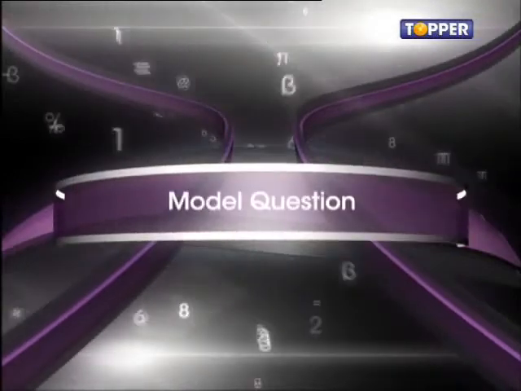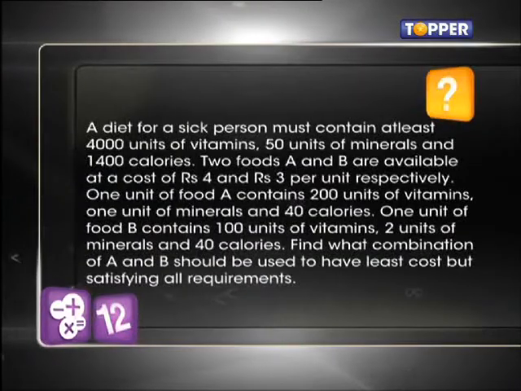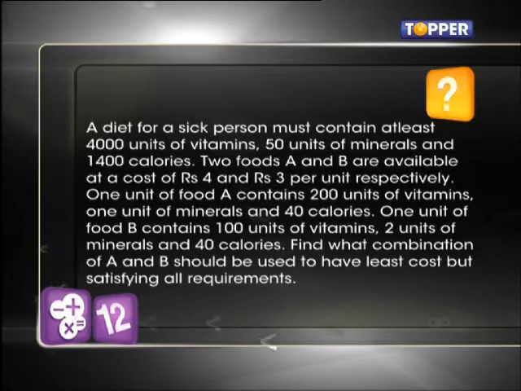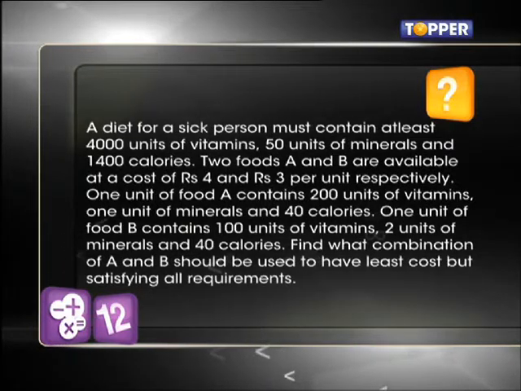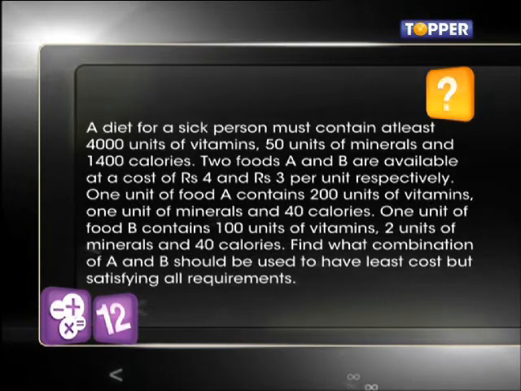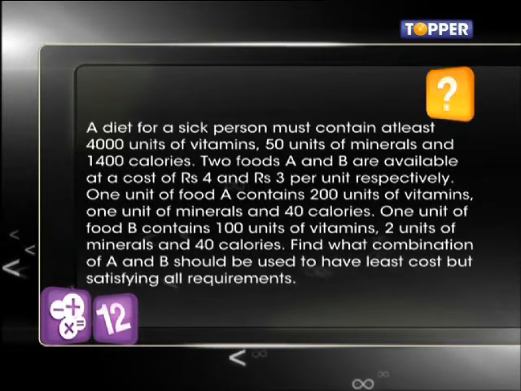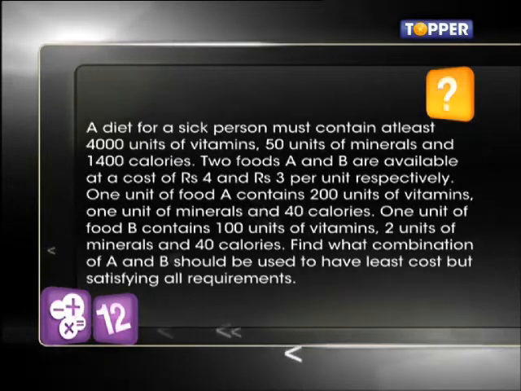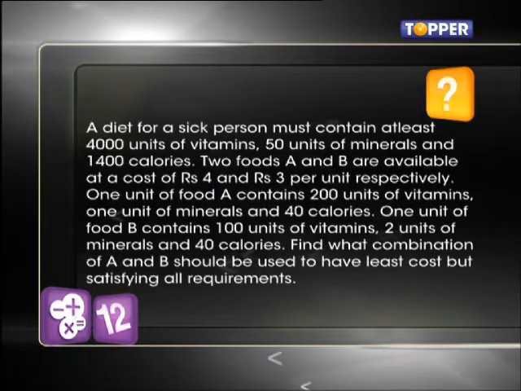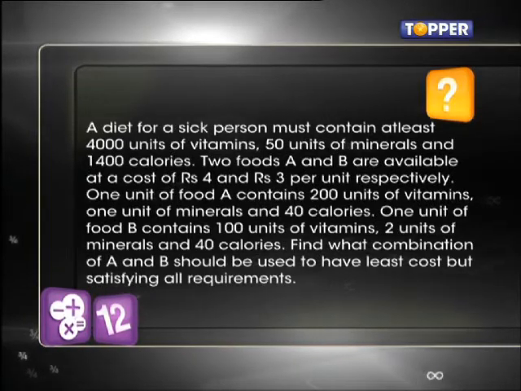Now before we take any practice question, I want you to pay attention to this model question. It'll show you the ideal way of answering the questions based on linear programming. In this model question, like in a typical diet problem, we need to determine the amount of different kinds of constituents which should be included in a diet so as to minimize the cost of the desired diet such that it contains a certain minimum amount of each constituent.